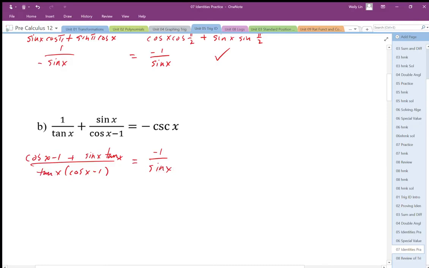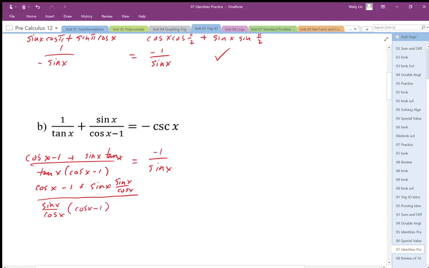So I think I might start there. I might convert those tans to sine and cos. So cos x minus 1 plus sine x times sine x over cos x, and then sine x over cos x times cos x minus 1.